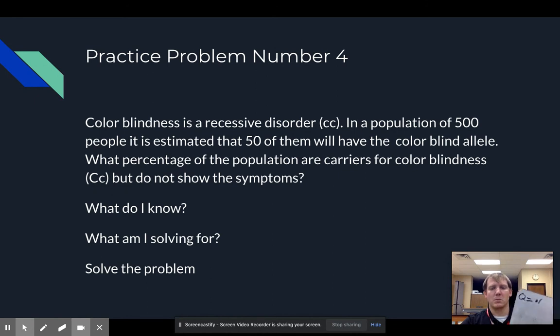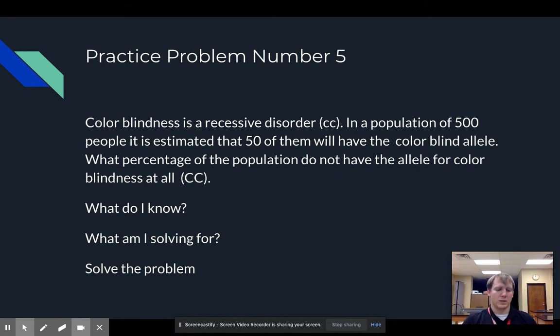If you don't remember how we got that, we just divided 50 by 500, and that gave me the 0.1. Remember, anytime they give me the allele, that's telling me Q, versus the phenotype or genotype, which is telling me the Q squared. All right, what am I solving for? In this case, they're asking me to solve for big C, big C. If I look back at my vocab words, big C, big C is the same thing as my homozygous dominant.